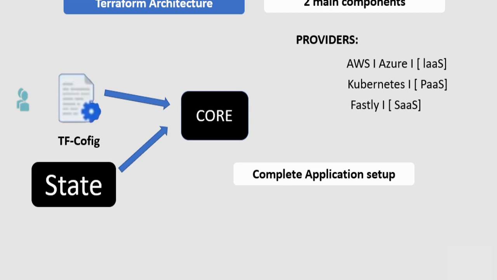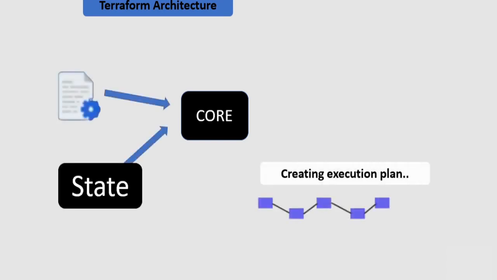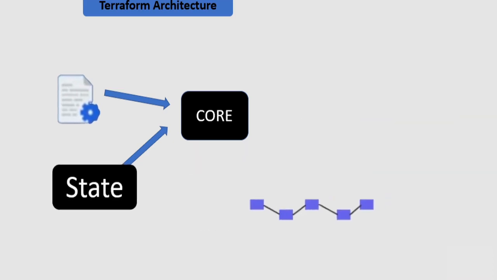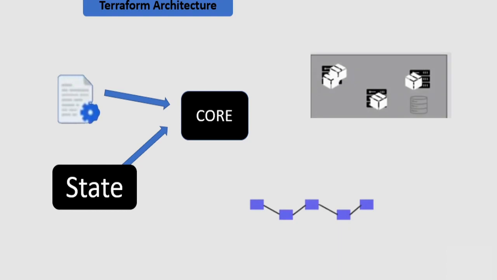So once the core creates an execution plan based on the inputs from the config file and state, it then uses providers for specific technologies to execute the plan, to connect to those platforms and actually carry out this execution plan. So now you also have an idea of what a Terraform configuration file looks like.